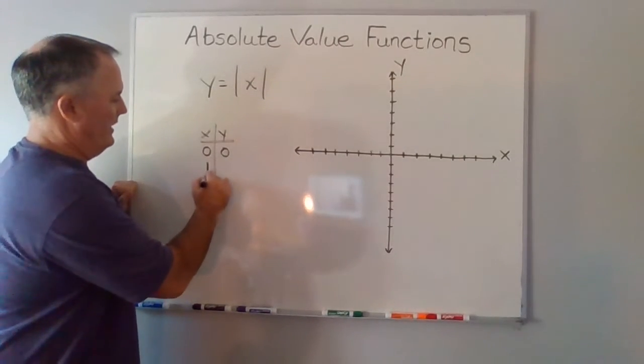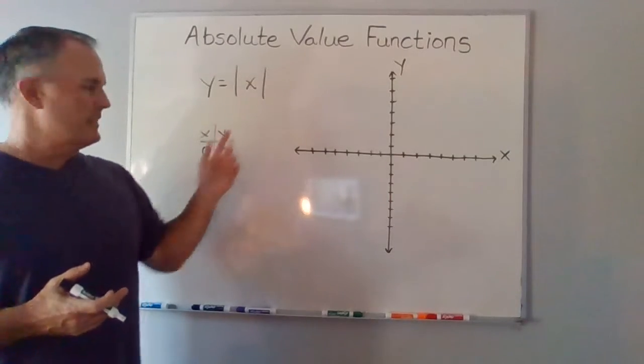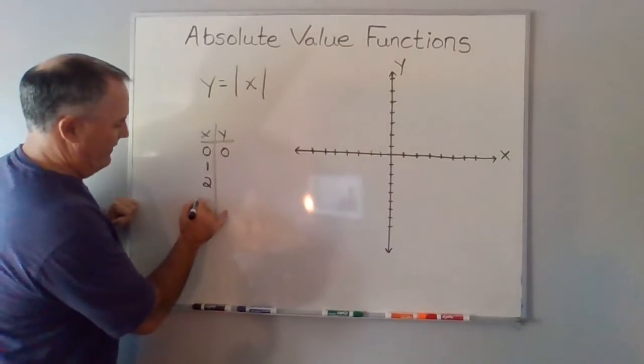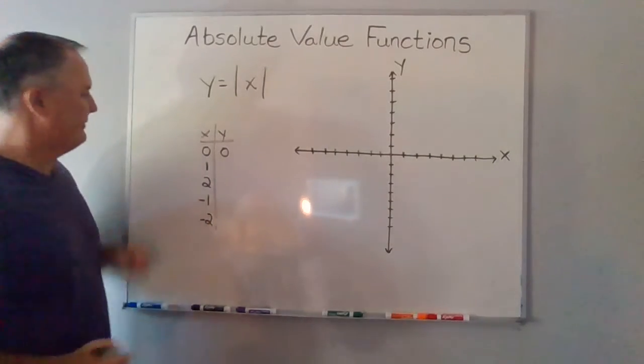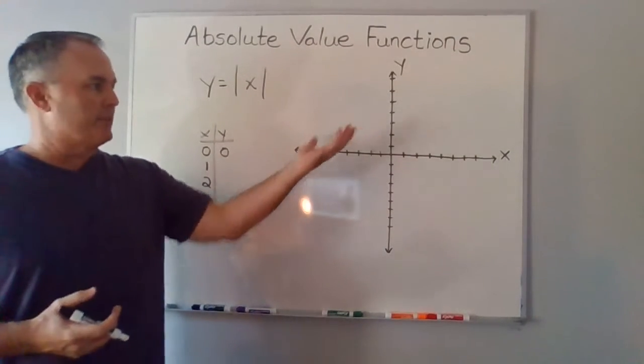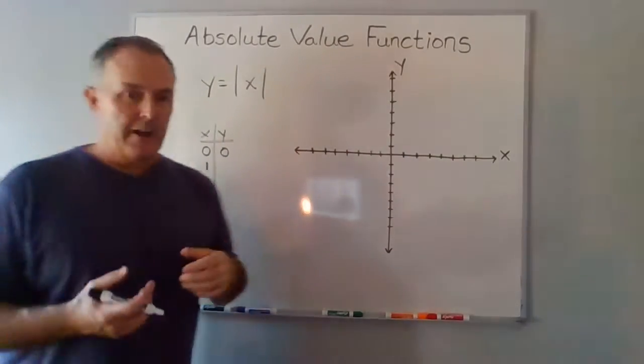We're going to use 1 and 2, some positive numbers as inputs, and we're also going to use some negative numbers as inputs, -1 and -2. That way we get some numbers on the left side of the y-axis and some numbers on the right side of the y-axis.